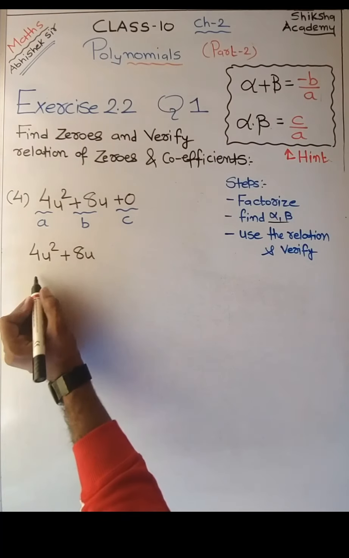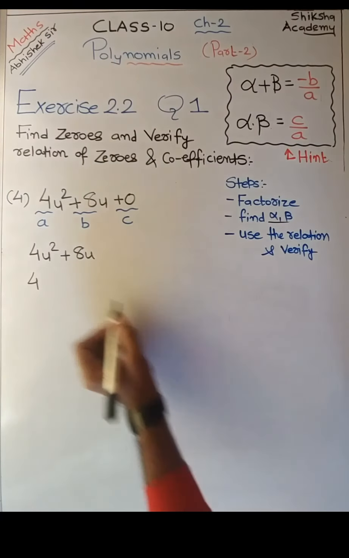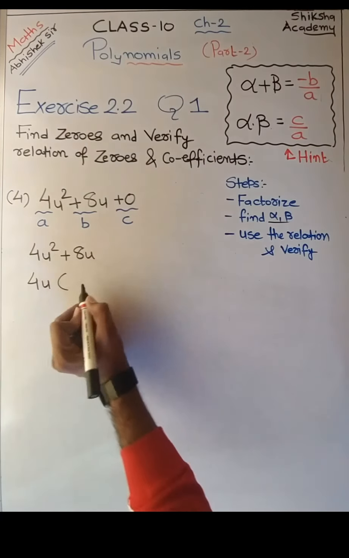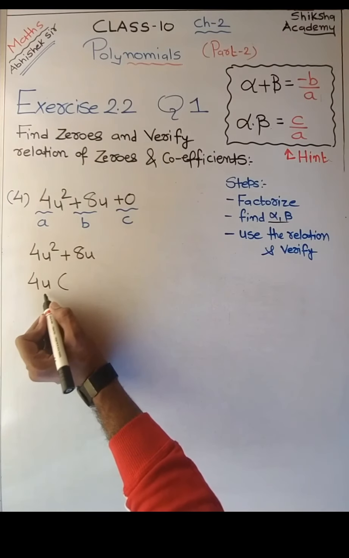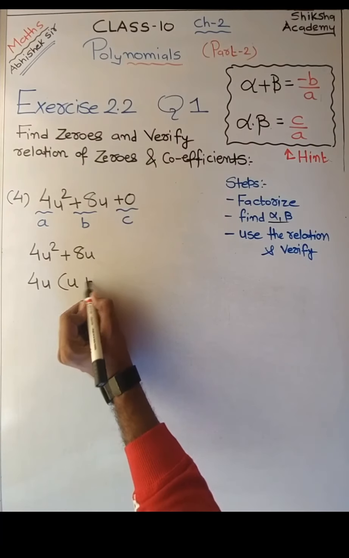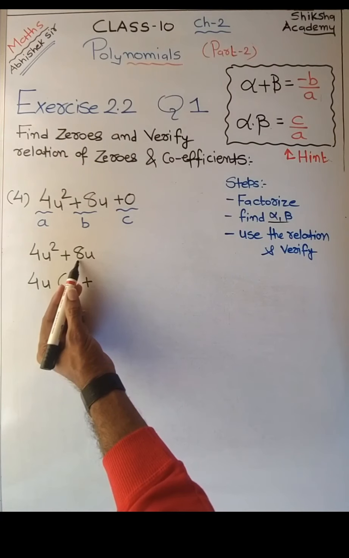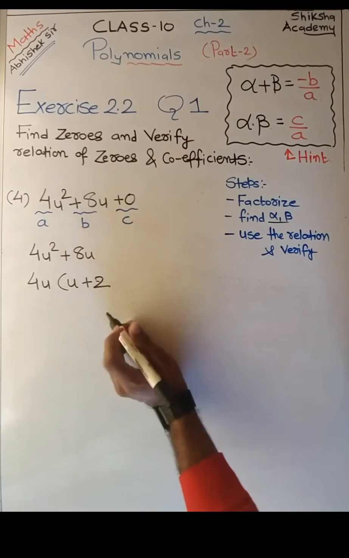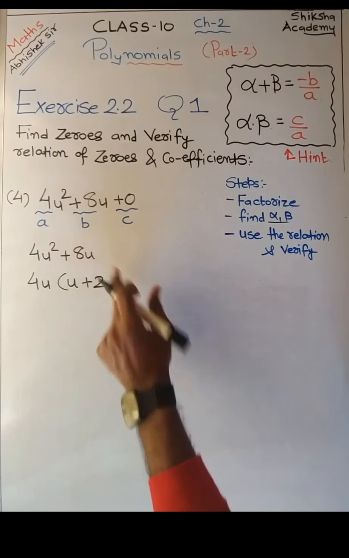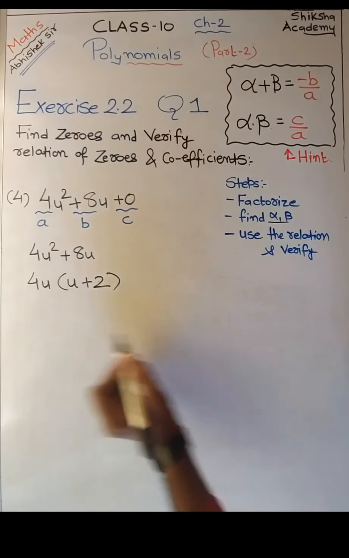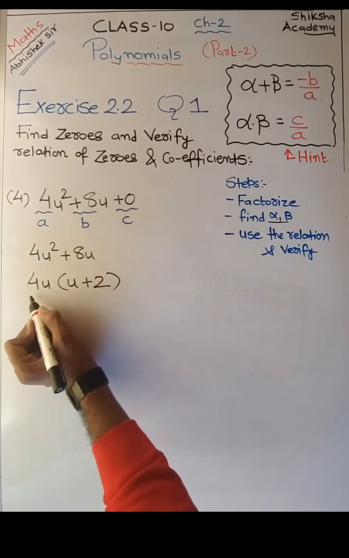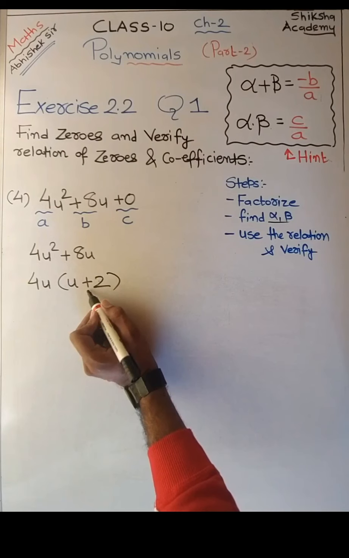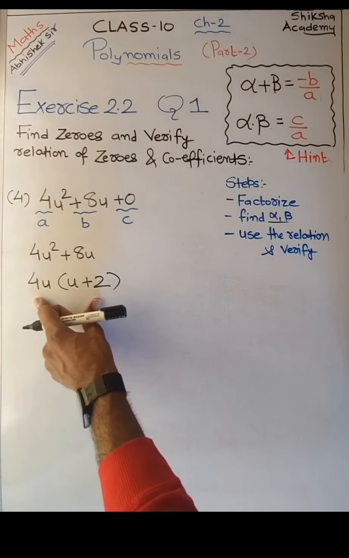So in these two terms you can find what is common. 4 is common and u is common. So out of 4u square we have taken 4u, only 1 u is left, and here 4 2s are 8, right? And u is already outside. So we only have two things, one is 4u and another is u plus 2, that we can call factors.